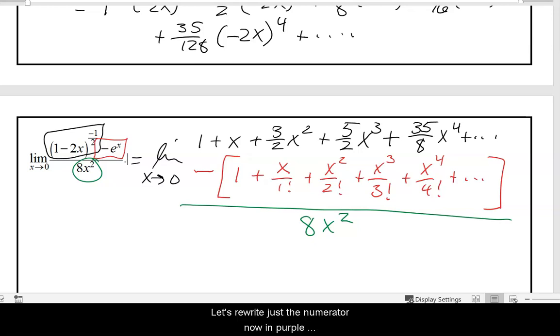Let's rewrite just the numerator now in purple, divided by the denominator, but get rid of the negative with the brackets.